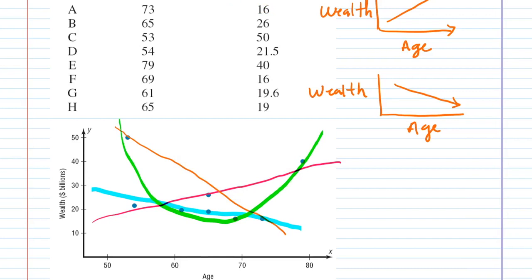The best way to describe it is a nonlinear relationship or curvilinear. Another way I've seen it called is concave up.